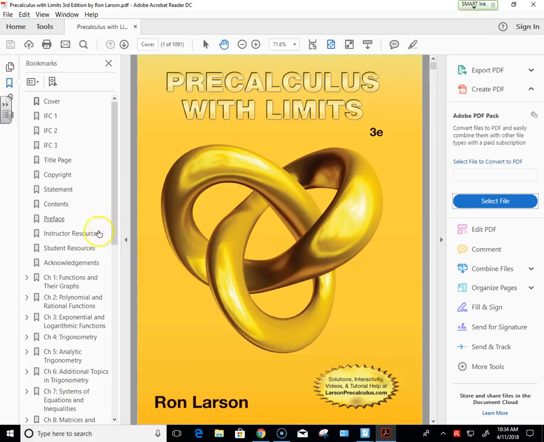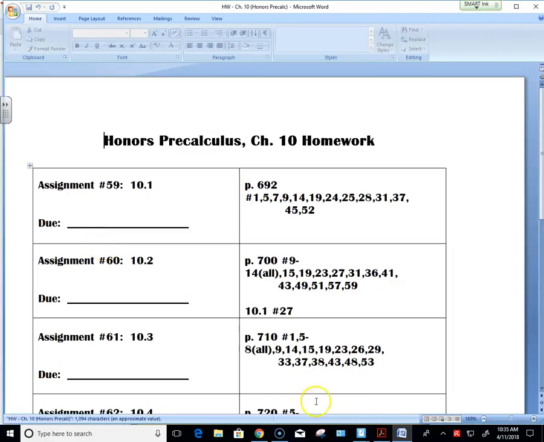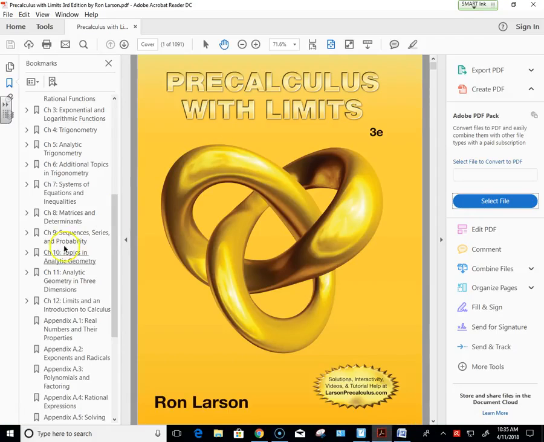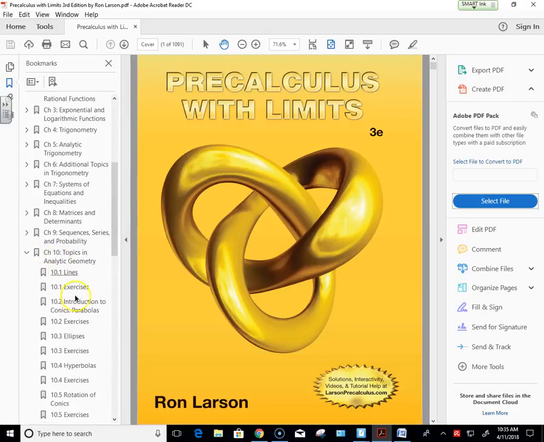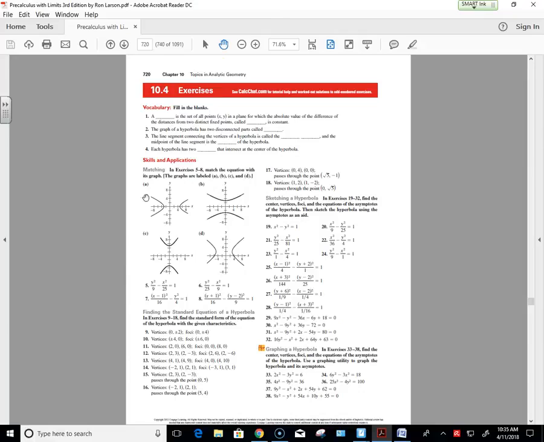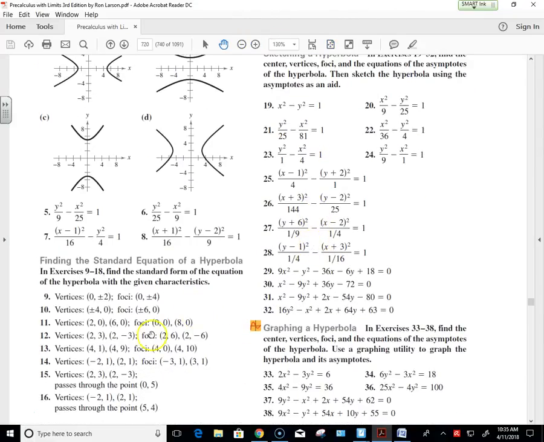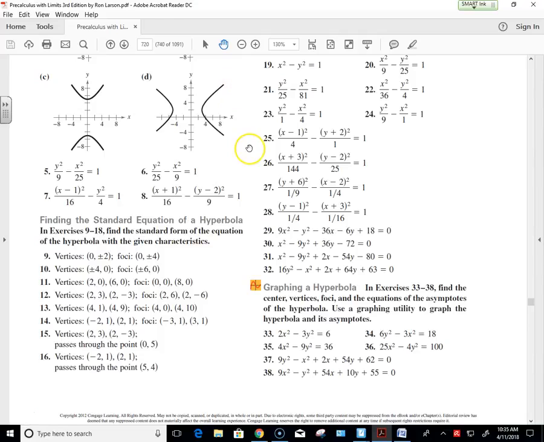Did anybody get stuck on anything in 10.4 yet? Number 13? Number 42?